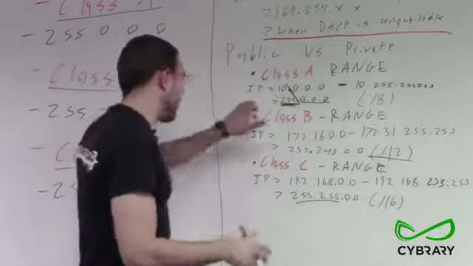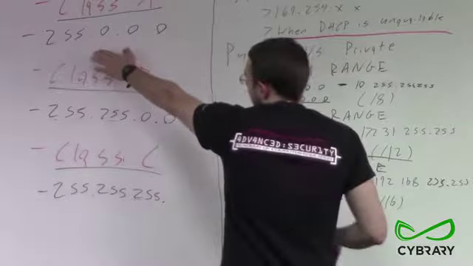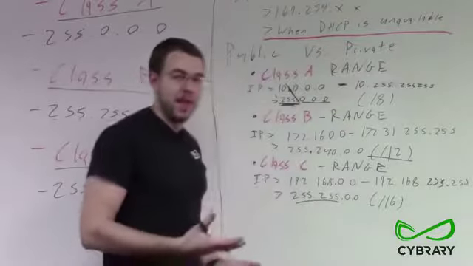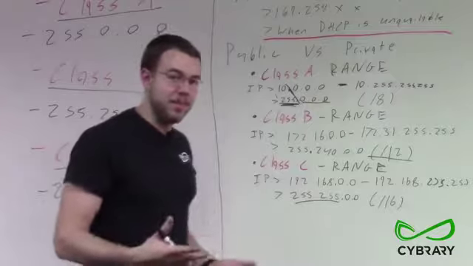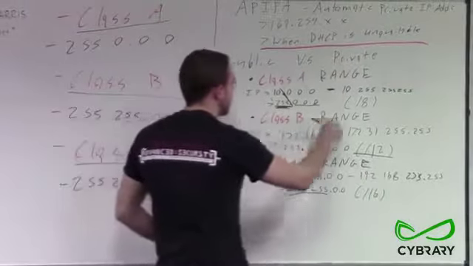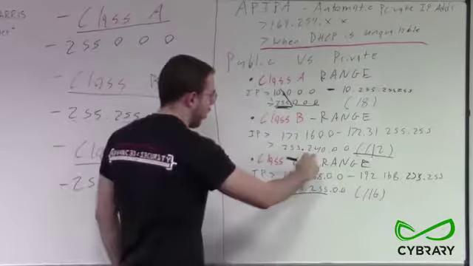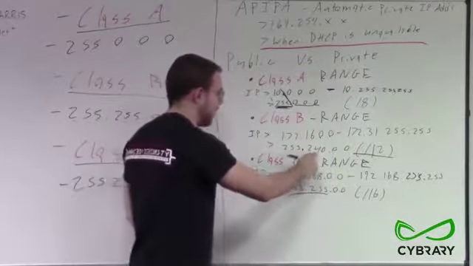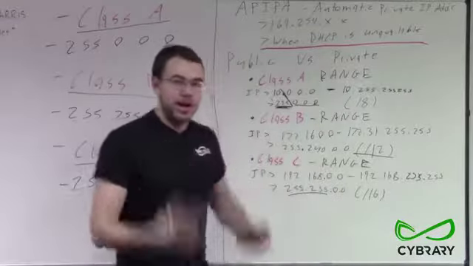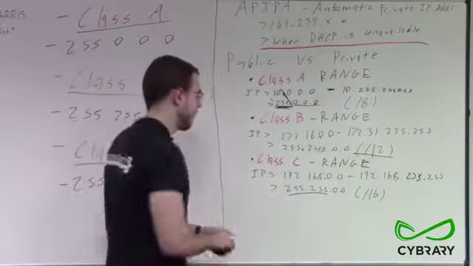It's fortunate for us that when we're actually doing addressing, our default subnet mask is the same for Class A ranges, for Class A addresses. So when we're looking at the Class B private IP address range, it's the same thing, except it's a little bit harder to see here because the 240, we would need to break it down into binary to understand it a little bit better, which we will in the CIDR notation.